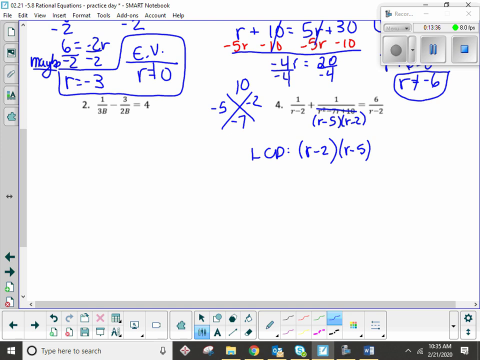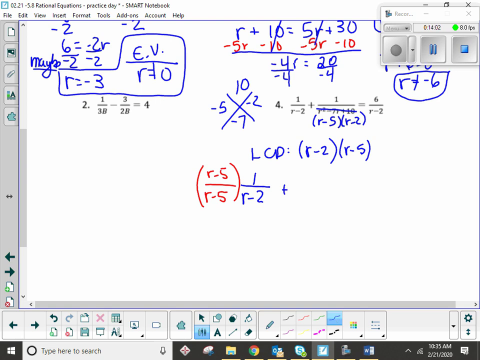So now I rewrite everything with common denominators. I mean, we really should have chosen shorter words than numerator and denominator. So the first one needs r minus 5, top and bottom. What does the second one need? Nothing, right? It's already got everything it needs.